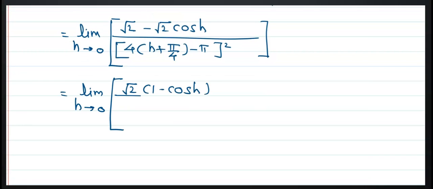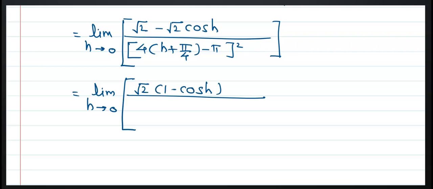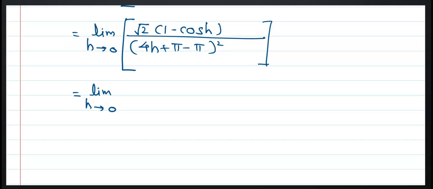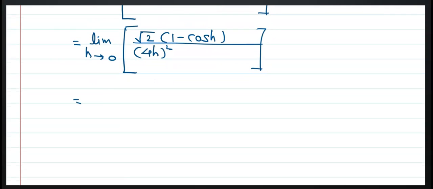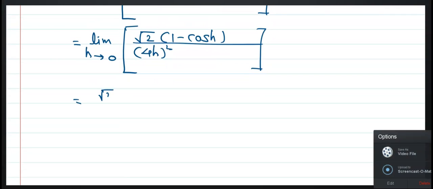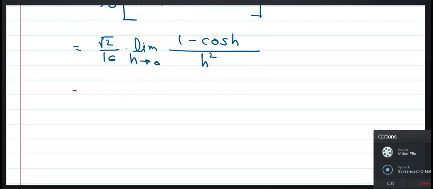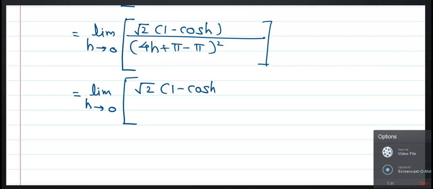Take root 2 as common, 1 minus cos h, 4h plus pi minus pi get cancelled, 4h bracket square is 16h square, so root 2 times 1 minus cos h upon 16h square, limit h tends to 0.